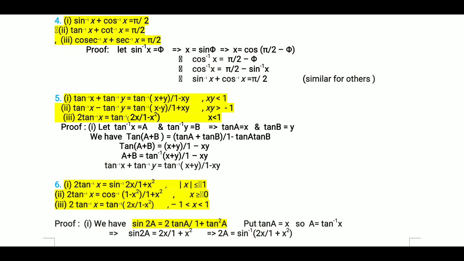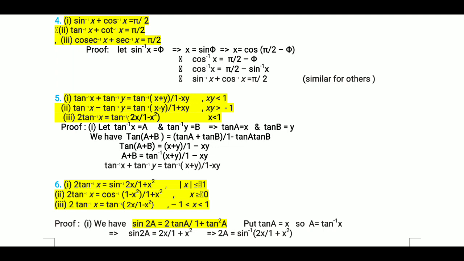Now property number 5. Tan inverse x plus tan inverse y is equal to tan inverse of x plus y upon 1 minus xy, where xy is less than 1. You can compare this with tan of a plus b, which is equal to tan a plus tan b upon 1 minus tan a into tan b.